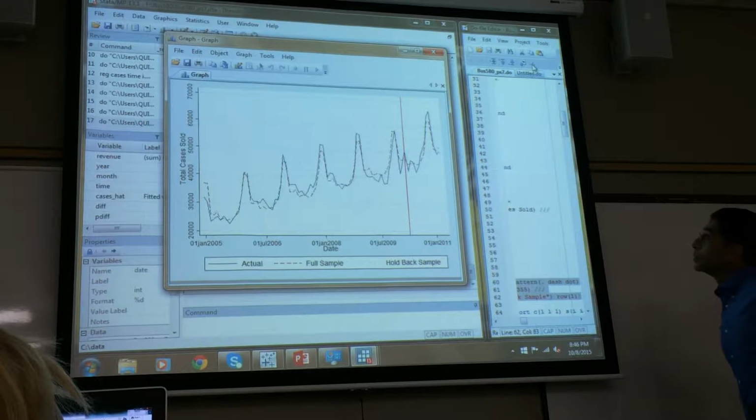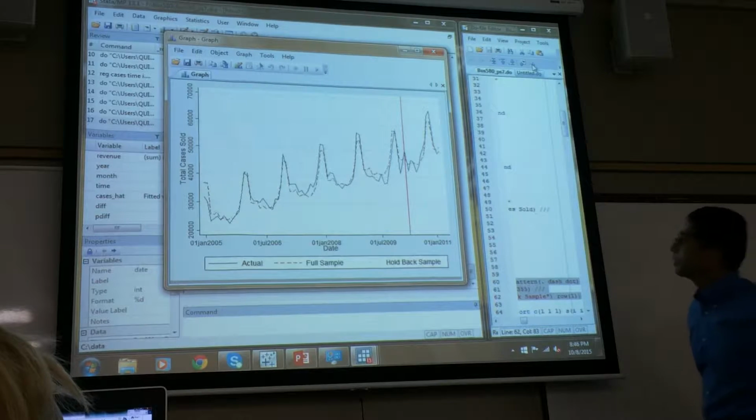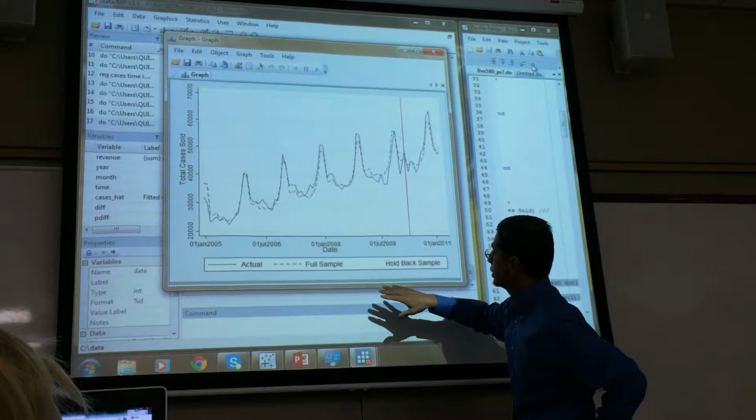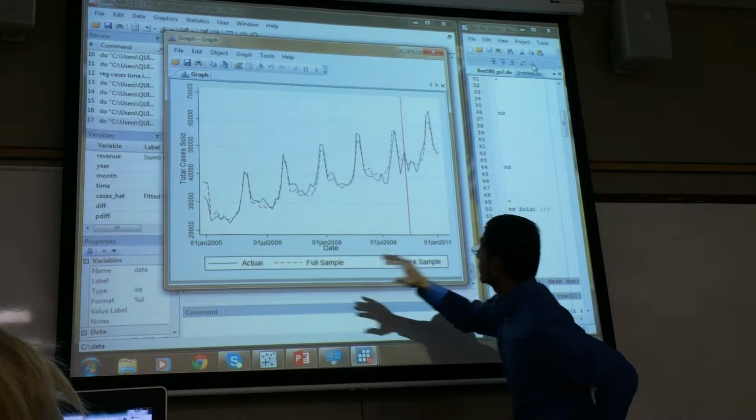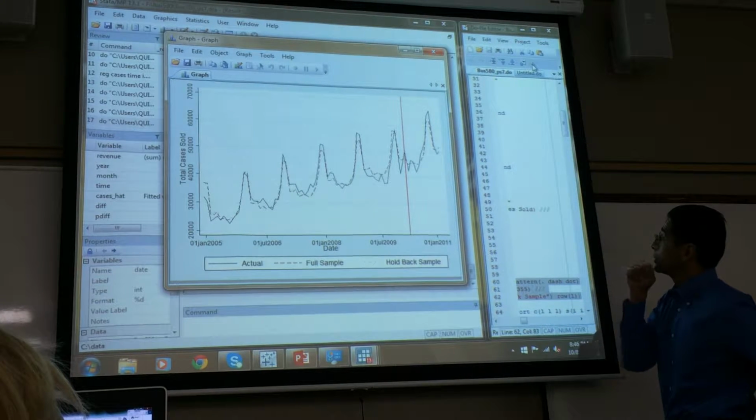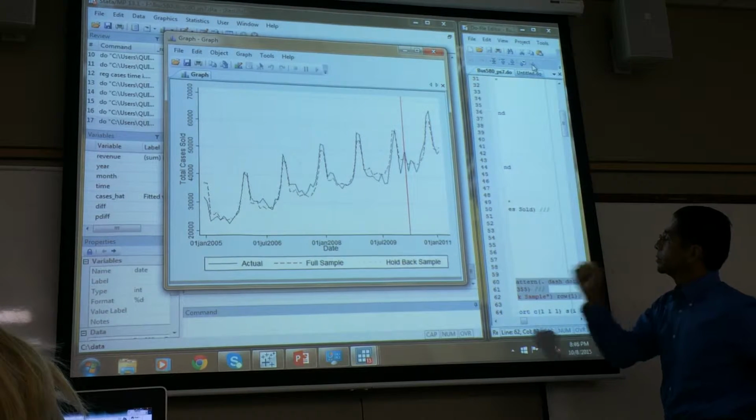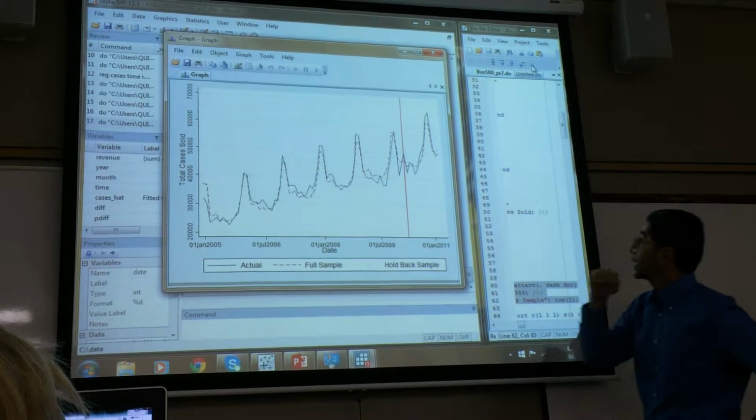So here's all three of them. Holdback sample is the dots. The full sample is the dashed, and the actual is the blue. And I just put the vertical line there to show where the forecast starts.